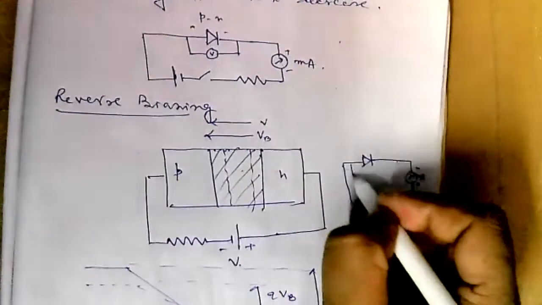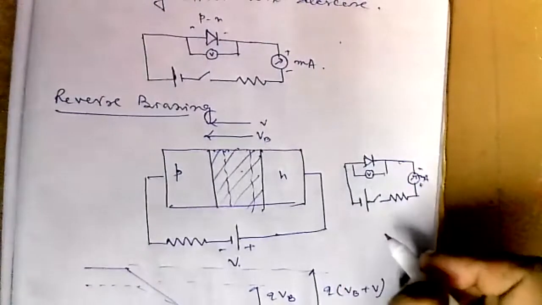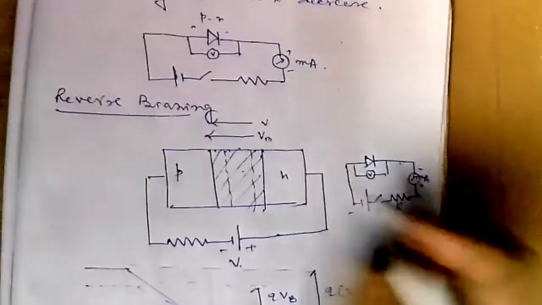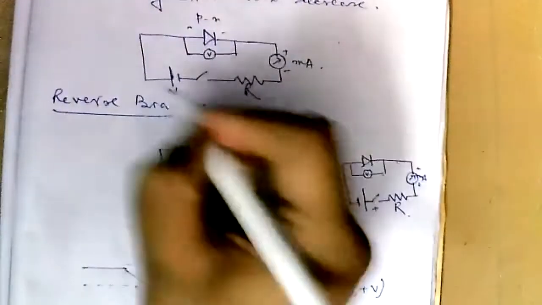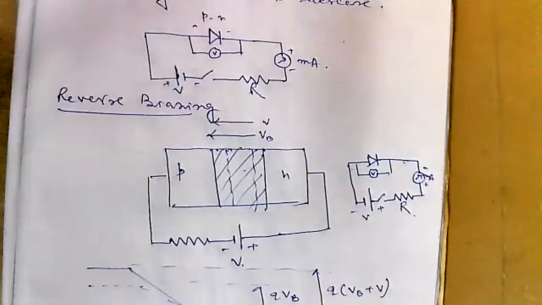There is a milliammeter, and you can measure the voltage with a voltmeter. Okay, these are safety resistance R.